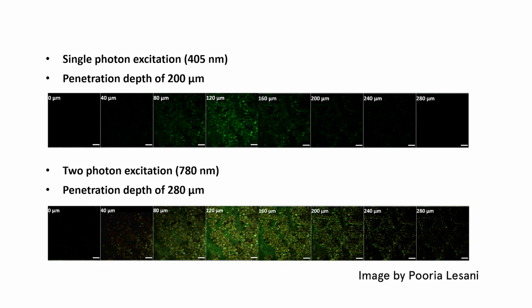Next, we use 2 photon excitation, and as you can see, the penetration depth was increased up to 100 micrometer with higher resolution compared with the single photon excitation. So here I have shown the differences between using single photon and 2 photon to excite the fluorescence material and the ability of these probes for bioimaging, which gives us the possibility to determine and visualize the tissue structure.